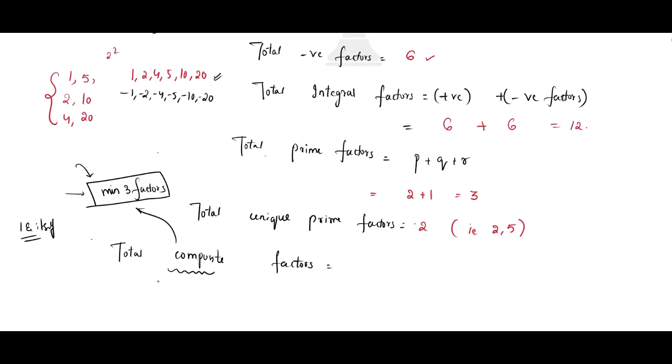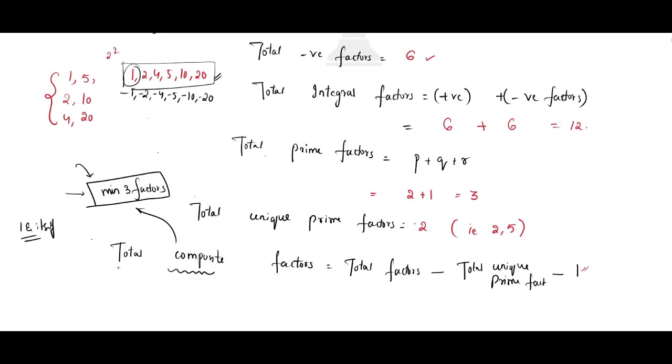So in the examination, if they ask what are the total composite factors? Simply total factors minus total unique prime factors and minus 1. See here, why did I do minus 1? If you observe, in the factors list of 20, we have 1, right?